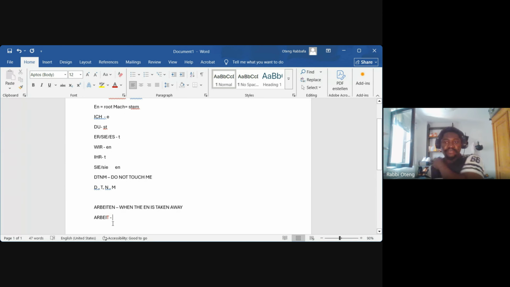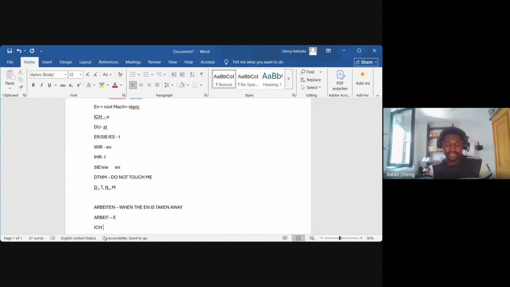So for our t, the rule says to add an e after the verb stem if the stem ends with d, t, n, or m, to help with pronunciation. So you add an e before you conjugate.